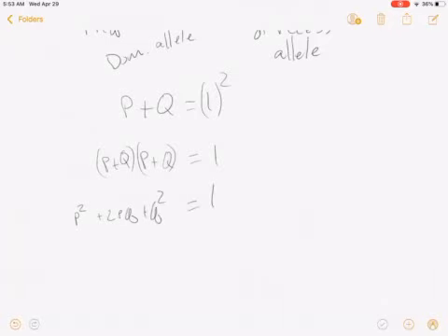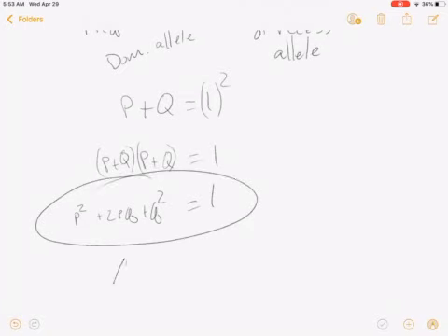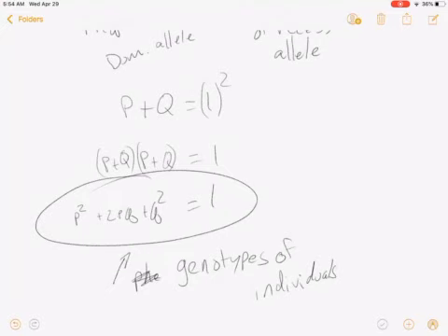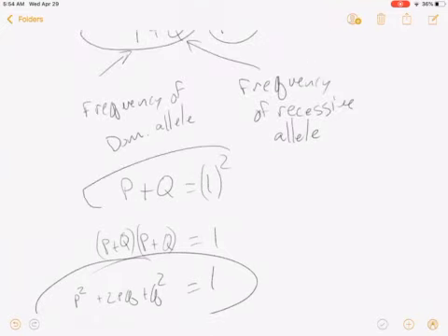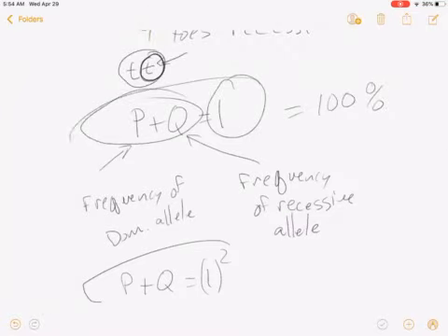When we've squared this equation, it allows us to talk about genotypes of individuals, whereas before, this equation was really just talking about alleles.